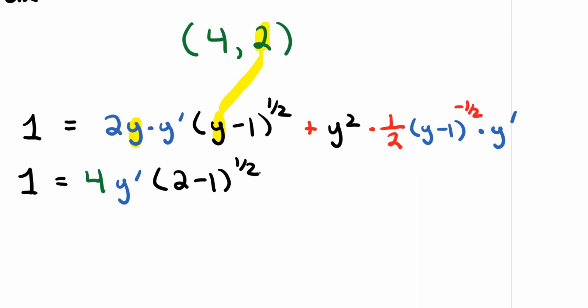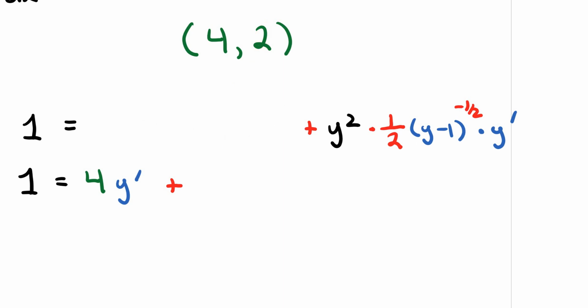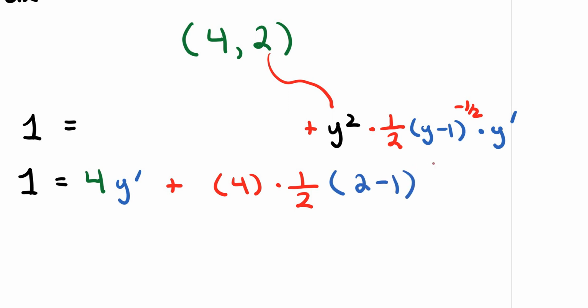And 2 minus 1 is going to be a 1, and 1 to the power of anything is going to be 1, so 1 to the power of 1/2 is going to be 1, so I can erase that, plus, okay, so as far as I'm concerned, this is all done now, we've computed that, plus, and then y squared is going to be 2 squared, which is going to be 4, times 1/2, and then bracket 2 minus 1 to the power of negative 1/2, and then we times that by y prime.